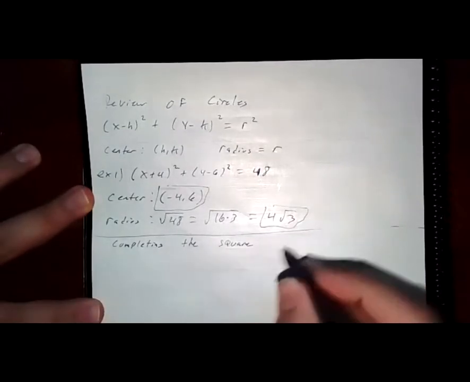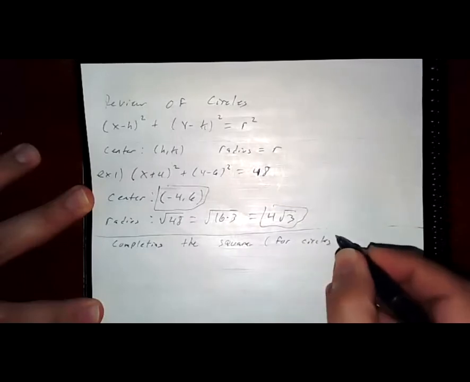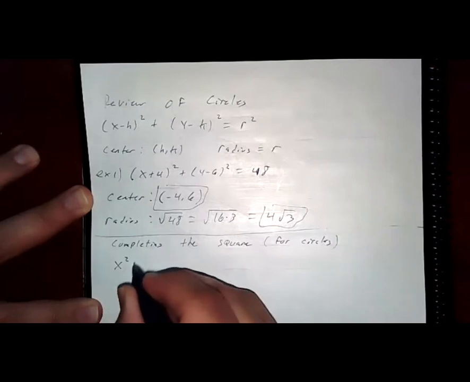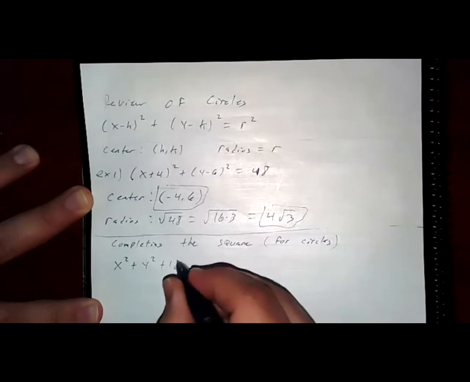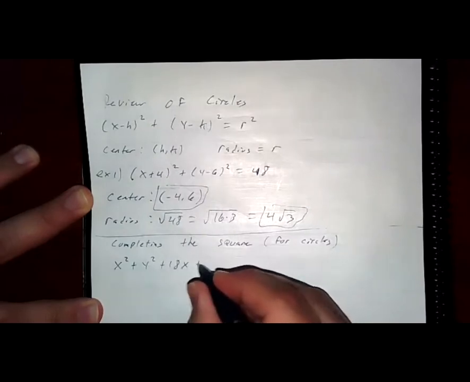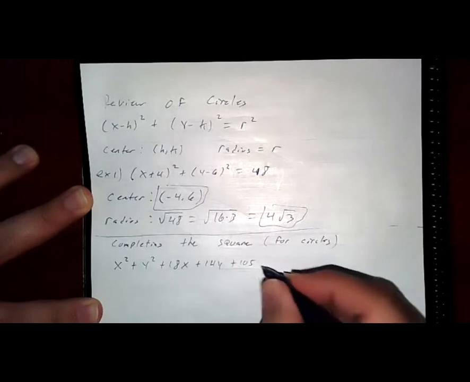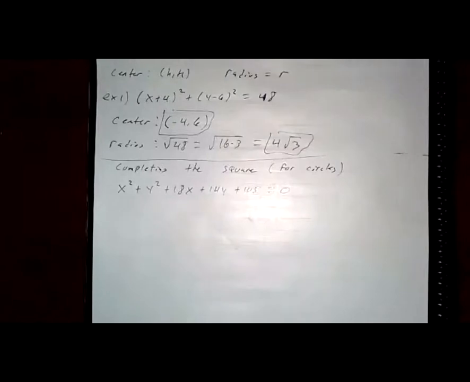So here is a circle that we can't get any information from because the square hasn't been completed yet. So I'm going to have to complete the square twice, one for the y, one for the x part. So this will give us some good practice.